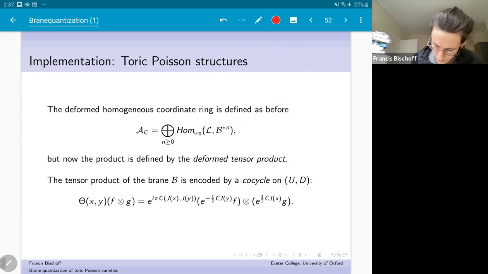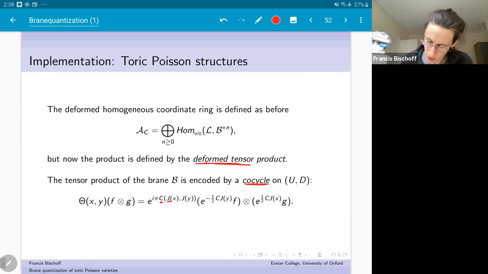I can't really go into detail in how this works, but just to indicate one thing, the tensor product on the brane is going to be encoded by a cocycle. And here's a formula for a cocycle. This is telling us how to tensor together two sections of this line bundle. And you can see it involves this moment map J and also this R matrix C.